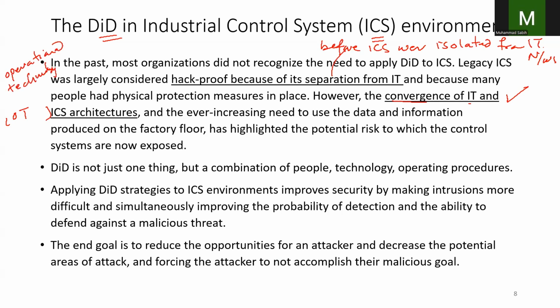With this convergence of the IT and OT and the increasing need for collection of the data and using the data for analysis at the effective floor, these are the two things that now we need. We need data plus analysis. For ICS now, things are interconnected and now it is exposed.